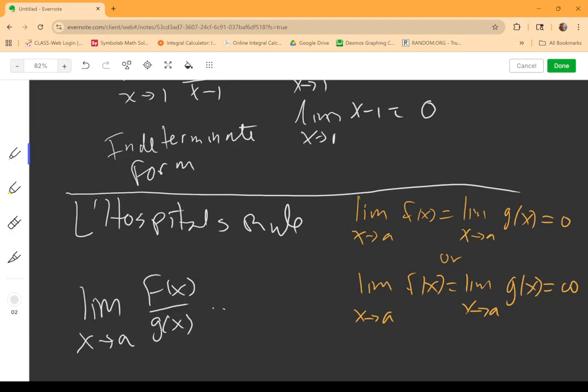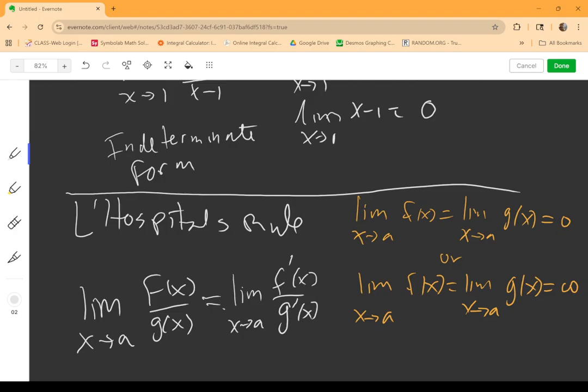Now L'Hopital's rule states that, and I'll write it here, the limit as x approaches a of f of x over g of x is equal to the limit as x approaches a of f prime of x over g prime of x, which is a very surprising result, I think, and one that is also very fortuitous, really helpful, right?